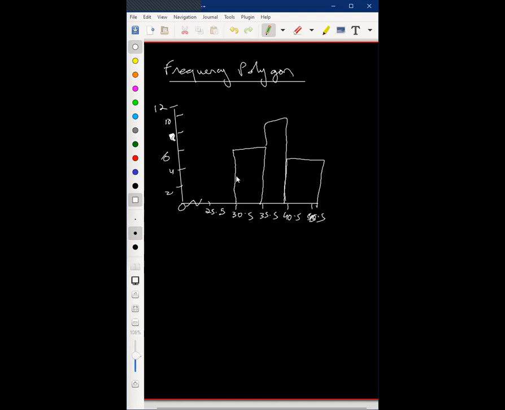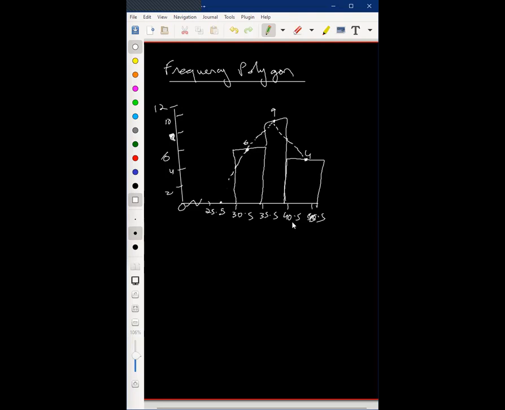Now we already know this. Supposing this shows 6, this shows 9, and this is 4. This is the frequency. You know about this already. Now if we take the midpoints of these bars and connect them, we take it from the previous one, the midpoint, because from 25.5 to 30.5 no data is available.